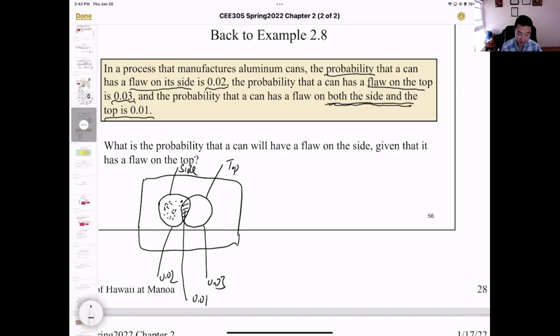So it will be the whole circle, 0.02, minus the intersection 0.01. We can also calculate the chance it has a flaw on the top but not on the side, which is the whole circle 0.03 minus the intersection 0.01.